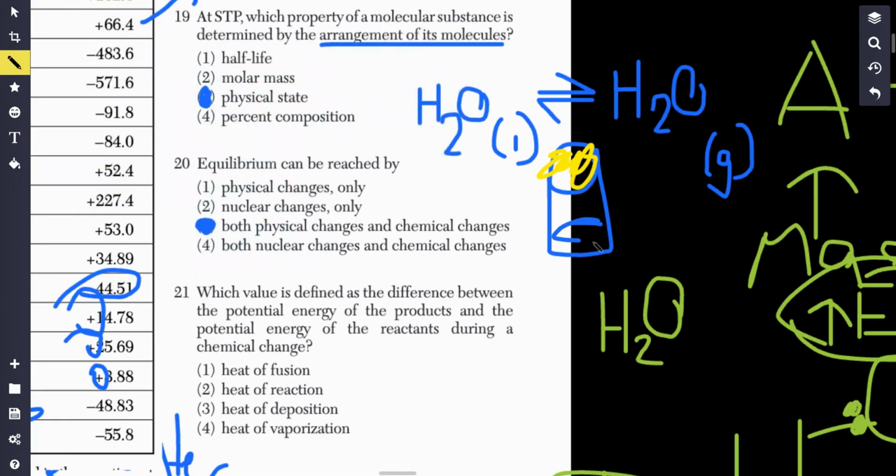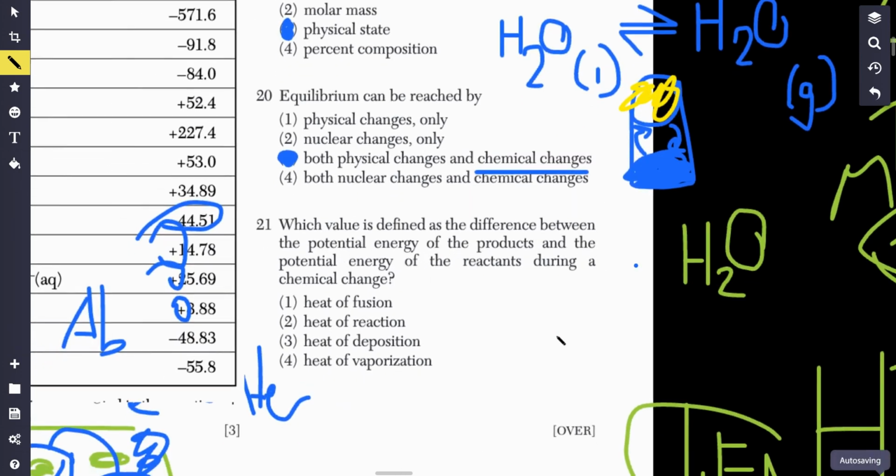Some of the water is going to evaporate, but because the container is sealed, none of the water molecules are escaping, and some of that water that evaporated is going to condense and go back into a liquid. So the rate of evaporation is the same as the rate of condensation, and that's when this is in equilibrium.